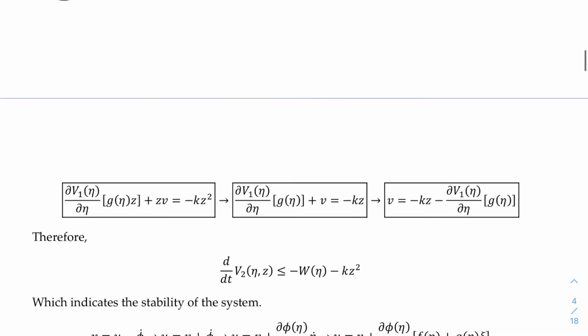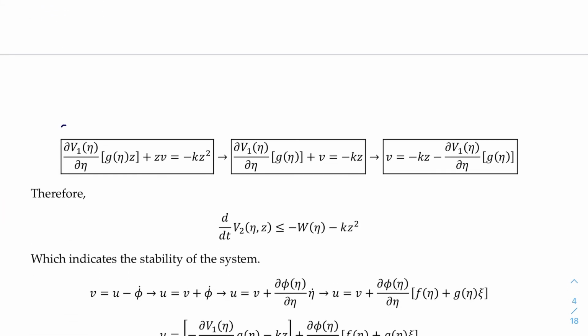Solving for v yields, again, this, right? And I'm looking at this. Yeah, we can factor out z. Okay. And we can solve for v, or we can express v. This k is just a positive number.